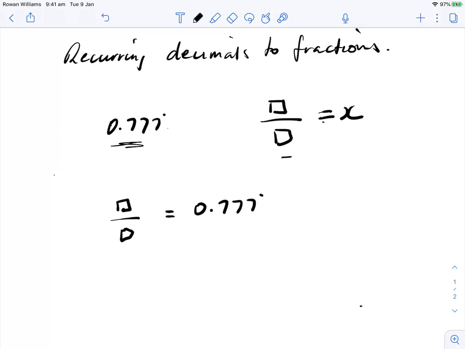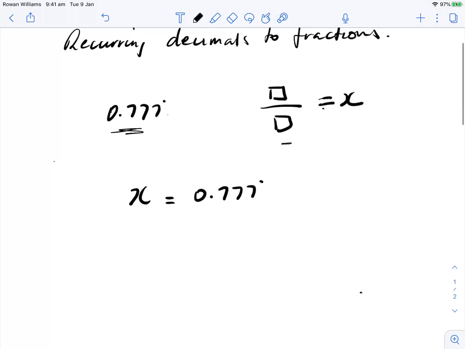We're going to call it x. So rather than write out a fraction, I'm just going to say x equals 0.777. It's a number, it's a fraction, we just don't know what it is yet, but we're going to use this to find it out. And there's a little bit of a trick to it.